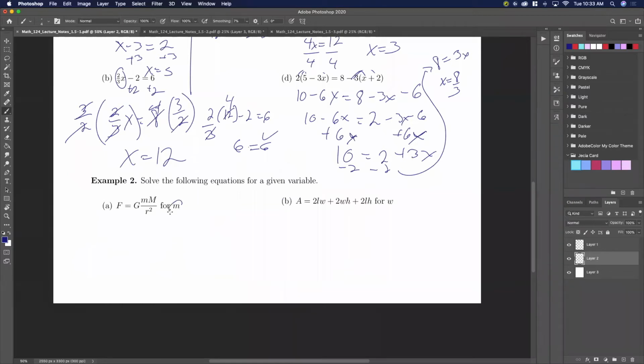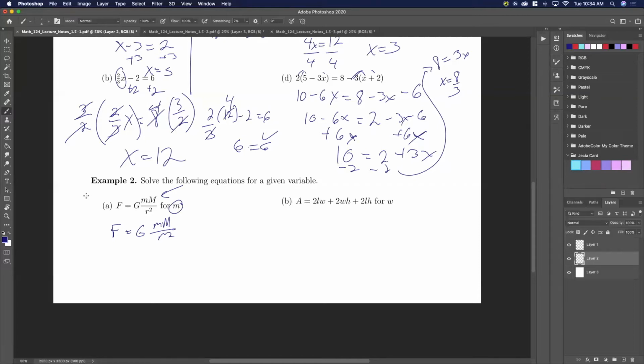So here, if I want to solve for little m, I'm going to try to move everything over to the other side. And so in order to do that, let me write this here so I have more room, equals big G, little m, big M over r squared. Does anyone know what this is the function for? It's a scientific function.